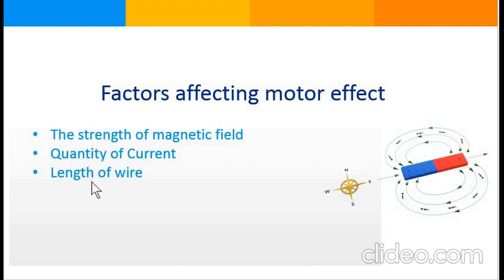If you decrease the length of wire, then it is not utilizing the full space of the magnetic field, so this motor effect will be reduced. So these are the three factors by which you can increase or decrease this motor effect on a current carrying wire.